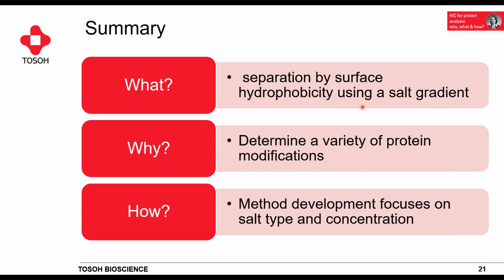Why should we use it? Because it can determine a variety, I hope I could make it clear, a huge variety of protein modifications. And how do we do that? We develop our method that is mainly focusing on the salt that we use in there, on the concentration, and of course some other things such as the pH, as I mentioned already.